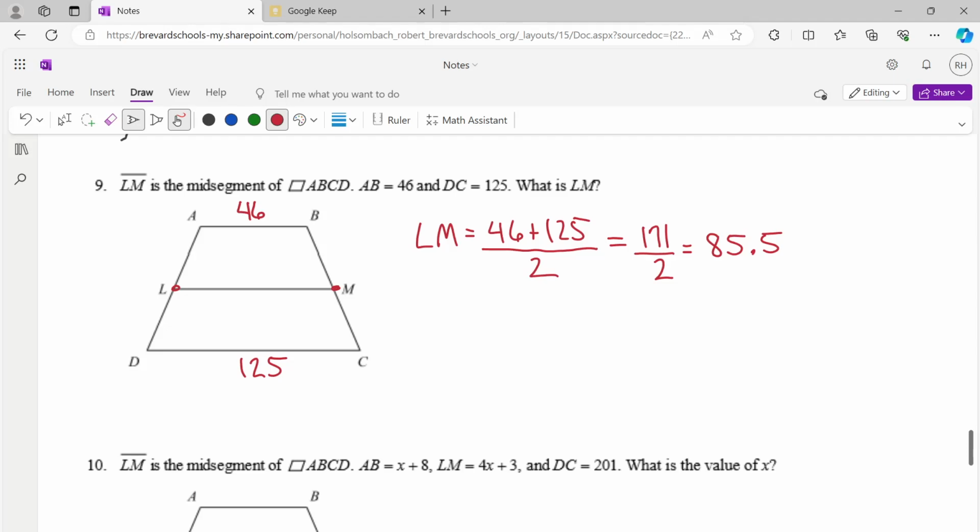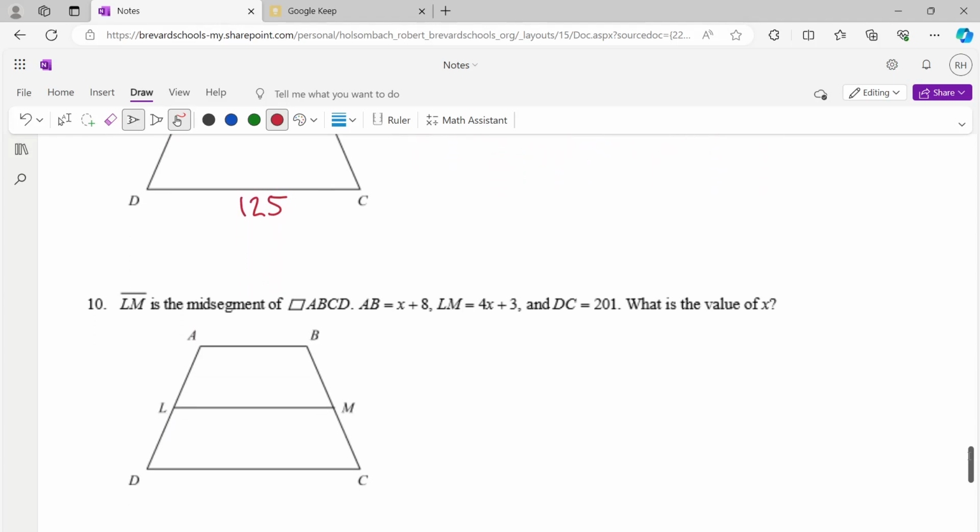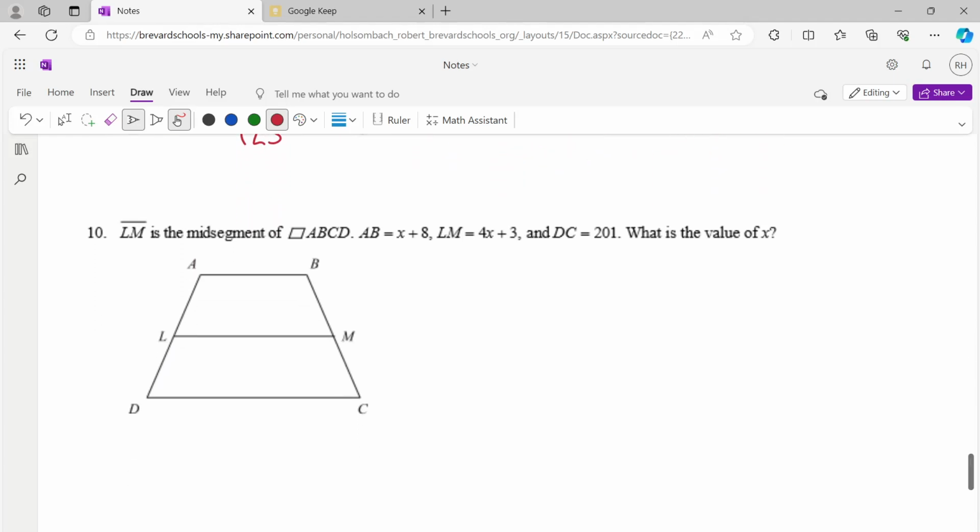All right, problem number 10. LM is a midsegment again. AB is x plus 8. D to C is 201. What is the value of x? I'm sorry, I missed LM there. LM is 4x plus 3.